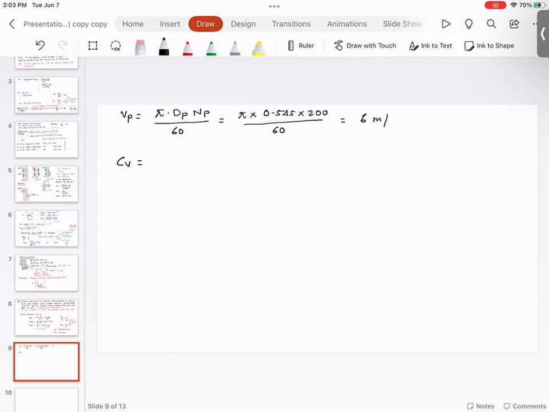Six meters per second. Now 6 meters per second is less than 12.5 meters per second. So CV is 3 plus V. So you get CV at 0.33. Lewis's form factor.